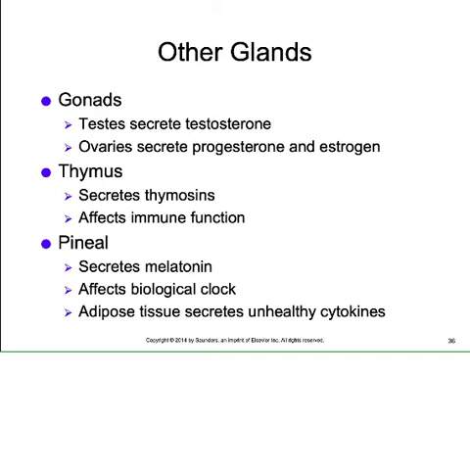The gonads produce the sex hormones. Testosterone, estrogen, and progesterone are produced by both men and women, but men make more testosterone than estrogen and progesterone, and women make more estrogen and progesterone than testosterone.